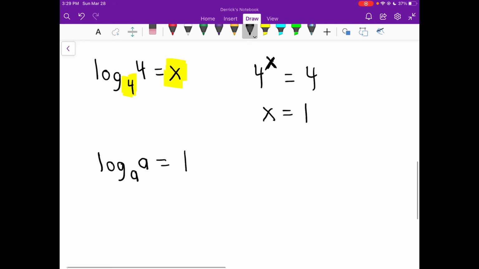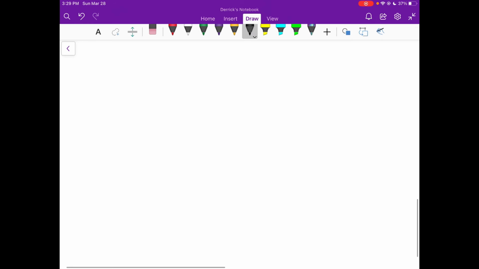Another thing that can be nice to know, think about if I asked you to do the log base 7 of 1. Well, we don't know what that equals right now, and if we put that in exponential form, we'd have a base of 7 to the x power equaling 1.